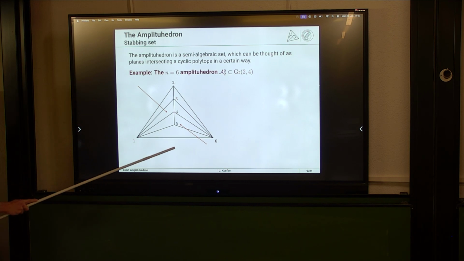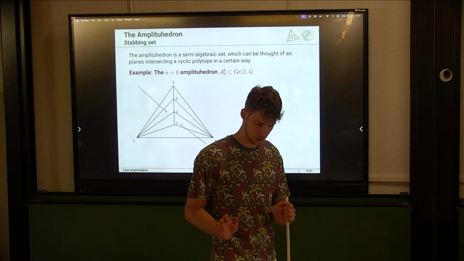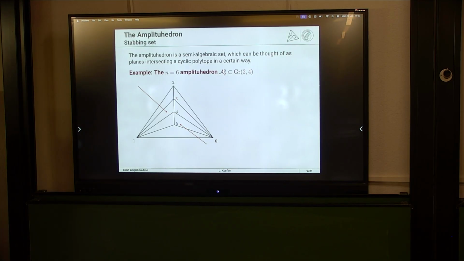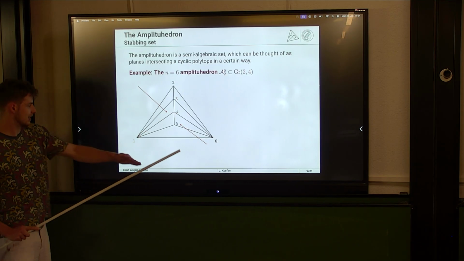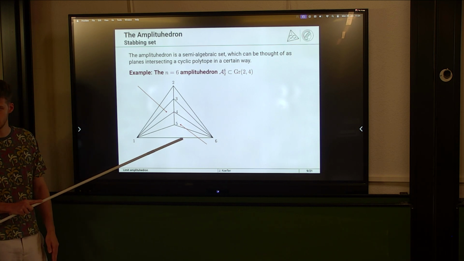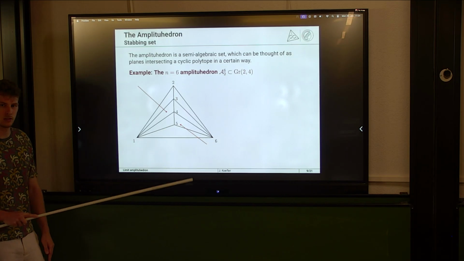And I claim the orange one is a point in the amplituhedron, so it characterizes in fact all points of the amplituhedron. And how should you read this picture? Well, a line, the orange one, is inside the amplituhedron if it enters in this diagram, if it enters the facet 1, 3, 4, and exits a facet of the cyclic polytope which is lower in this diagram. So one labeled by 6, 5, and 4 in this case.